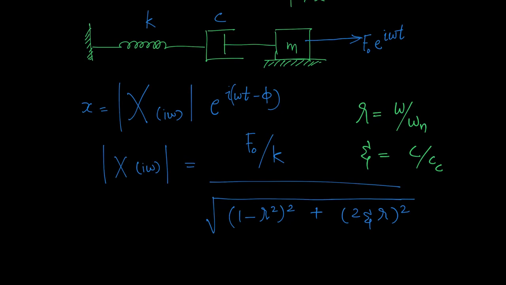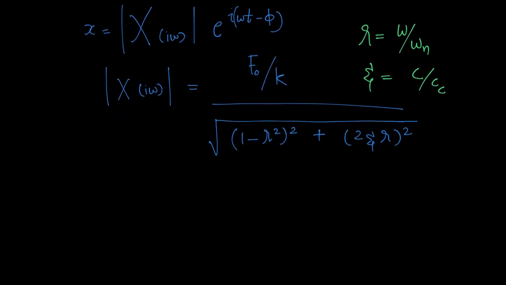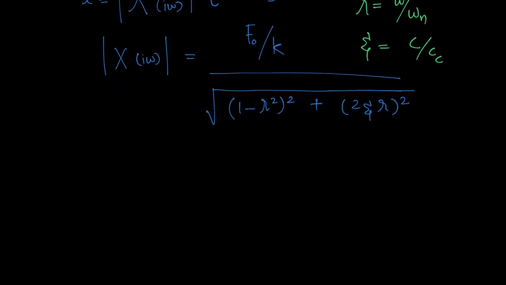So this is the basic equation which is required to solve the problem. They're asking us what is the dynamic magnification factor. Dynamic magnification factor is the fraction of these two things as shown here. The numerator denotes the amplitude of the response when you have a harmonic excitation, and the denominator shows the static deflection.